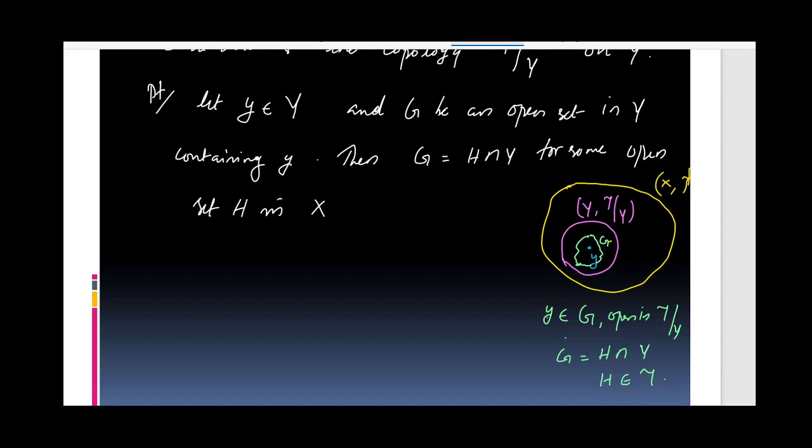So, as mentioned here, let y belong to Y and G be an open set in Y containing small y. Then G is equal to H intersection Y for some open set H in X.